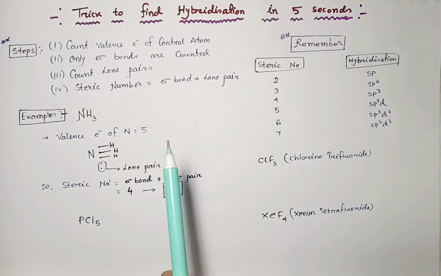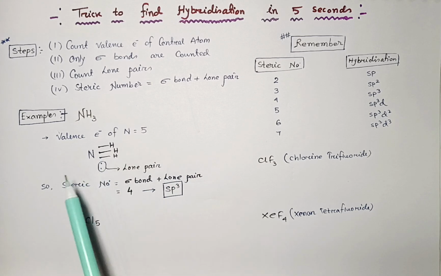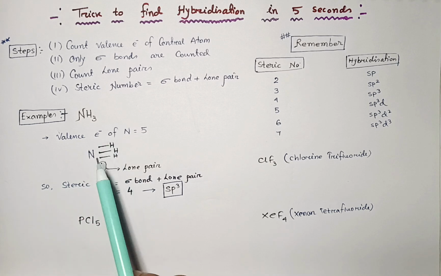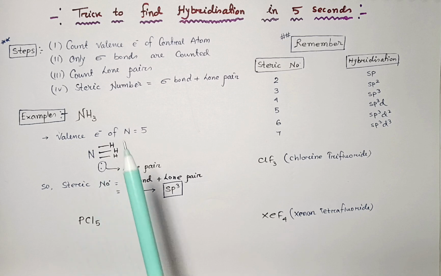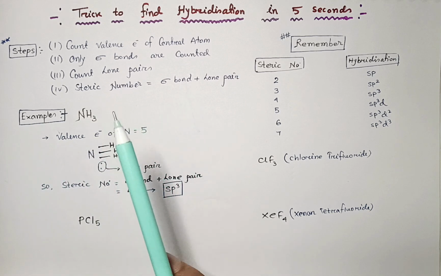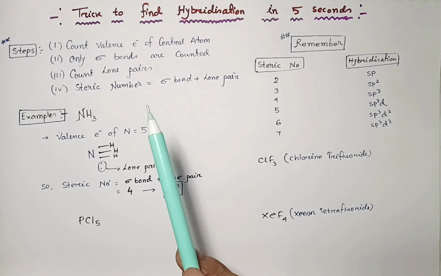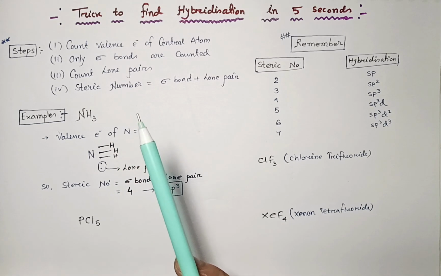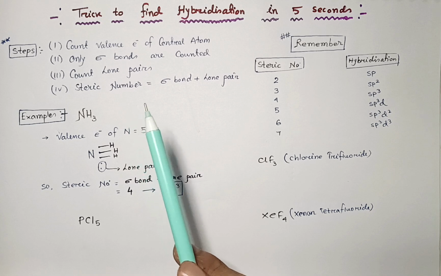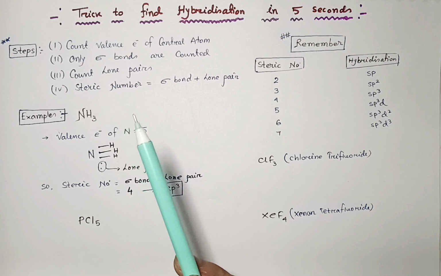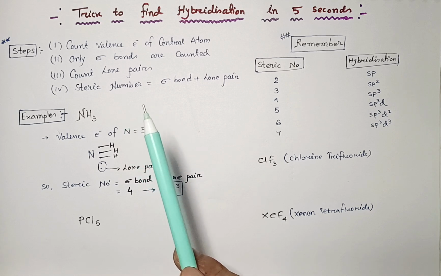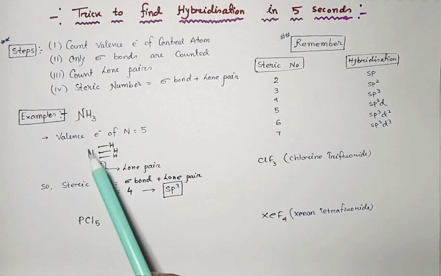After finding the valence electrons, you can draw a basic structure involving the central atom and represent the valence electrons in the form of dots, or you can directly find the hybridization using the trick. But I recommend you to draw the structure first, because that will help you use the trick more efficiently, and you will not make any error if you follow the structure. So first of all we draw the structure.